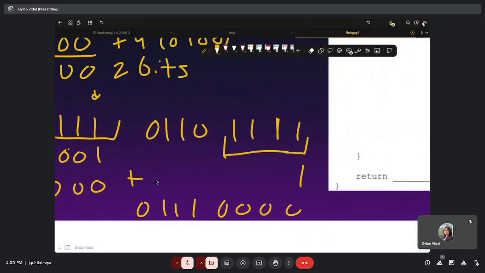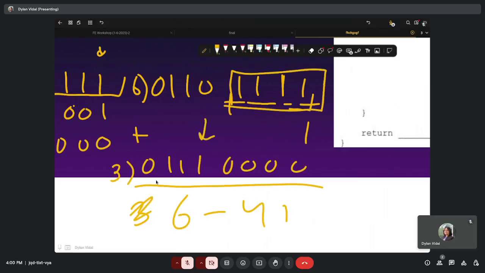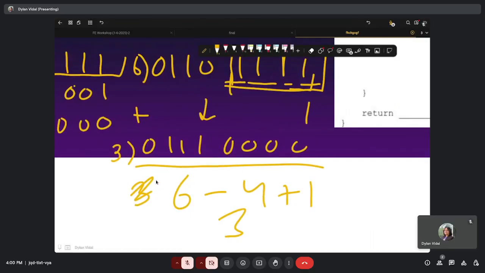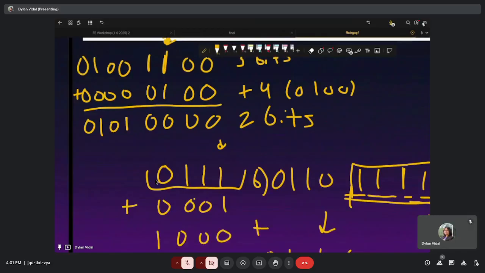For example, this was 6 bits right here, and when we're done, that is 3 bits. So the total number of bits, 6, minus 4, because remember, we eliminated these 4, plus 1. And that's how we get our 3 bits. Do we see how we're using that property of binary numbers to get that?